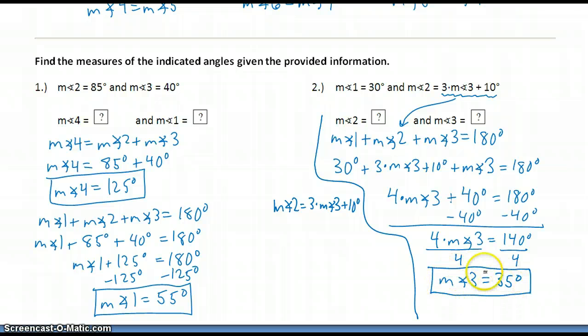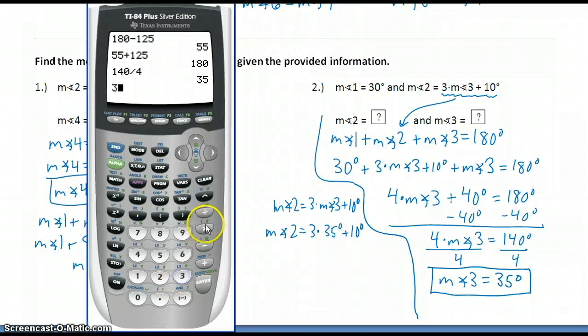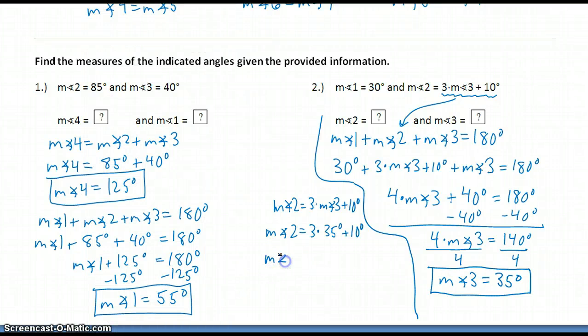I'm going to substitute in what I know the measure of angle 3 to equal into this equation. 3 times 35 degrees plus 10 degrees. 3 times 35 is 105 plus 10 degrees. So the measure of angle 2 is going to equal 115 degrees.